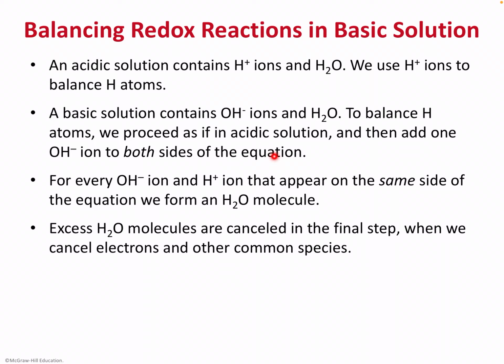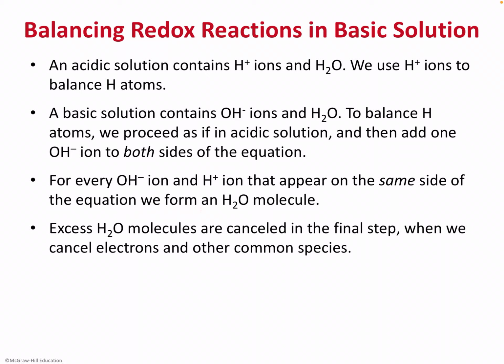We'll do an example so you'll understand what it means. For every hydroxide ion and H plus ion that appear on the same side of the equation, we form a water molecule.